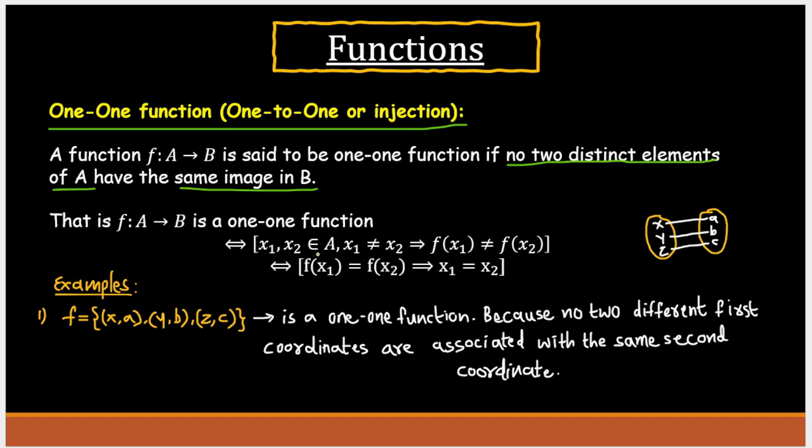Here x1, x2 belong to A, where x1 not equal to x2. So f of x1 not equal to f of x2, which means the image f of x1 from B and the image f of x2 from B are also not equal.